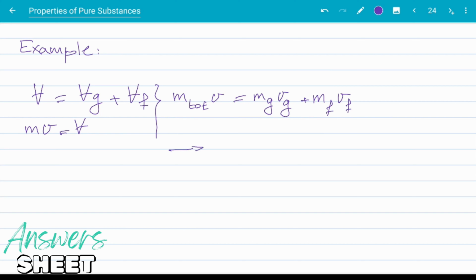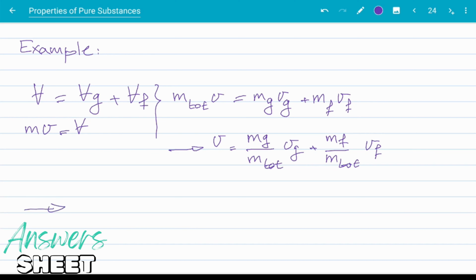I'm going to divide both sides by the total mass and get the specific volume is mass of gas over total mass times the specific volume of the gas, plus mass of fluid over total mass times the specific volume of the saturated liquid.